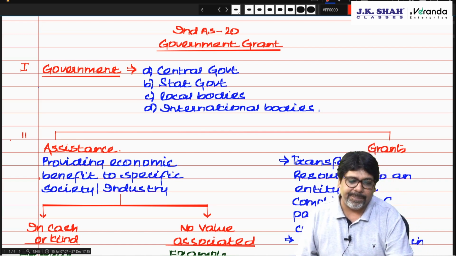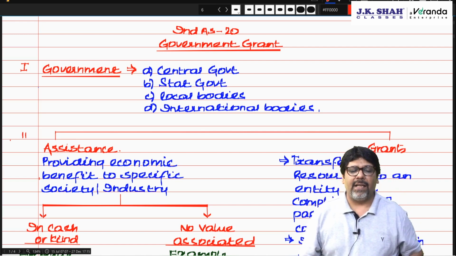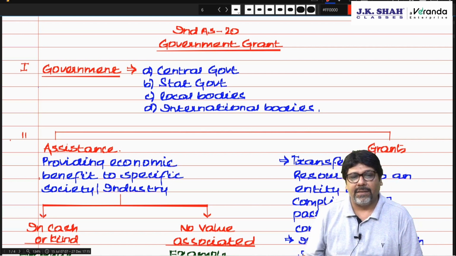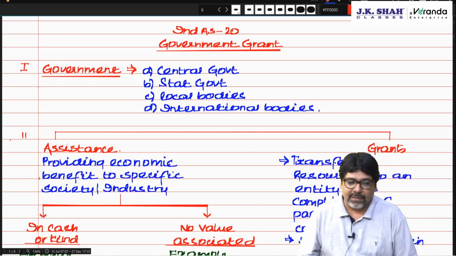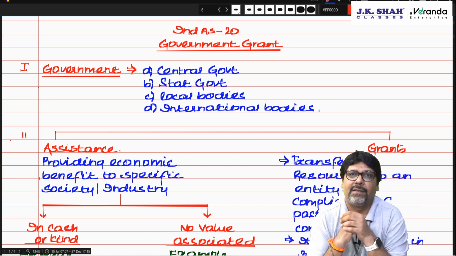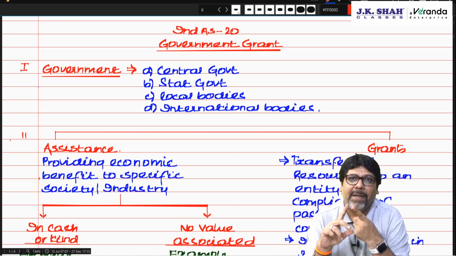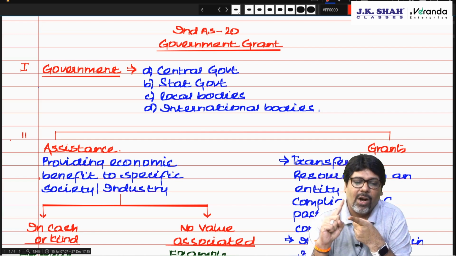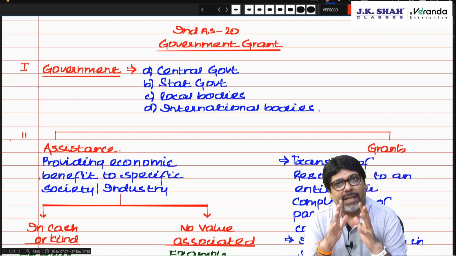For example, if grant is in cash or kind, for example, free Wi-Fi, free medical insurance, no tax will not take, but free Wi-Fi government is providing, or land at cheaper rate, or free medical insurance, correct, to a particular sector.